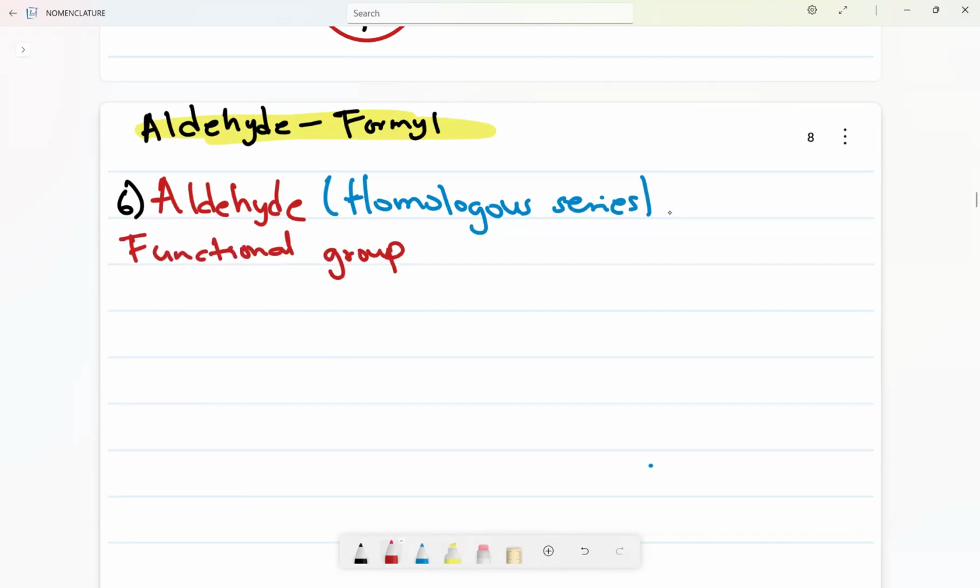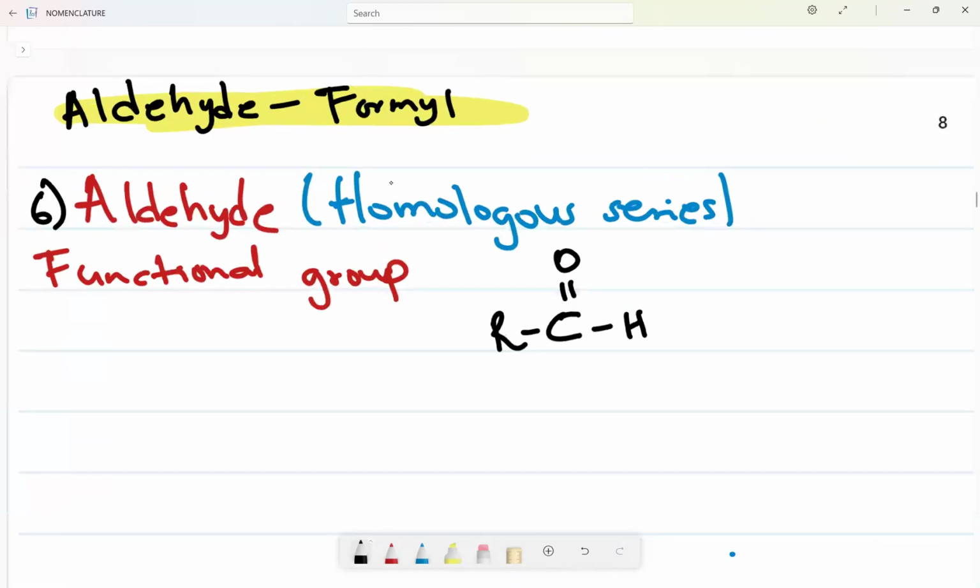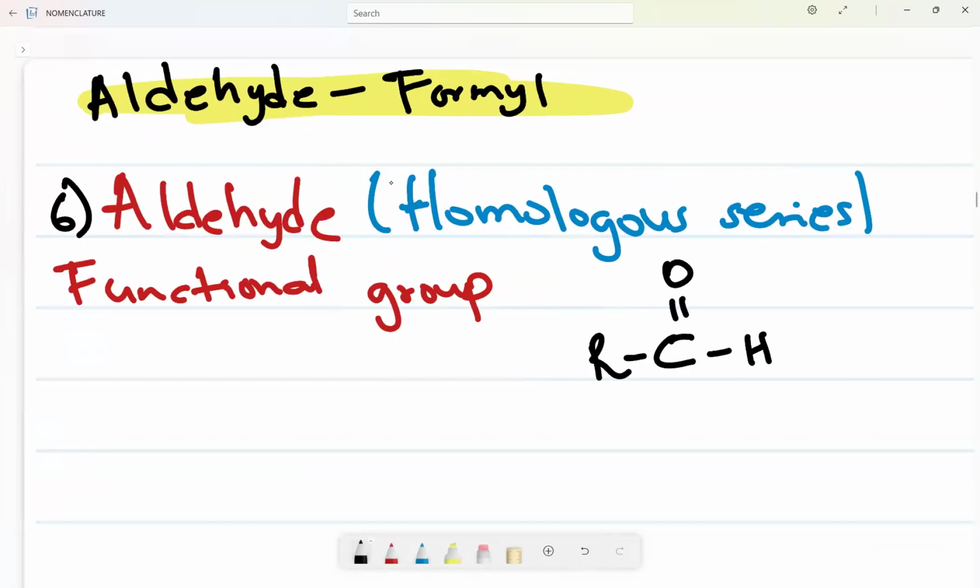This one is very unique. Why? Because it's going to be a carbon, but that carbon will have a double bond to O as well as an H, then R. What do I mean by this?